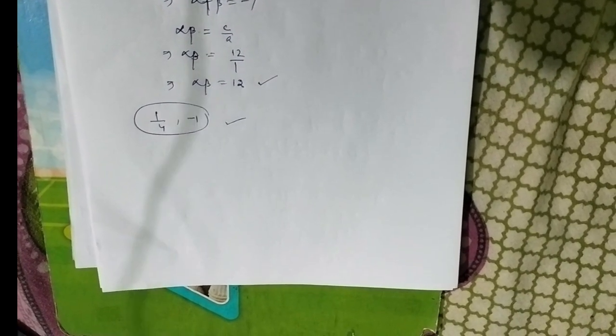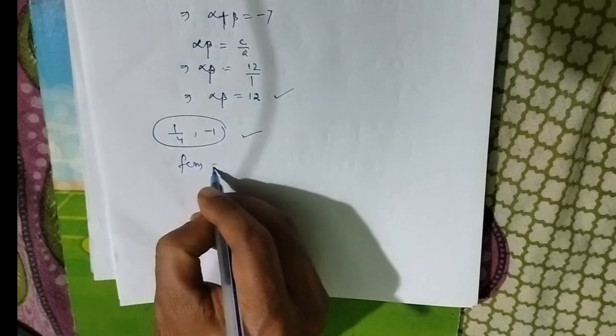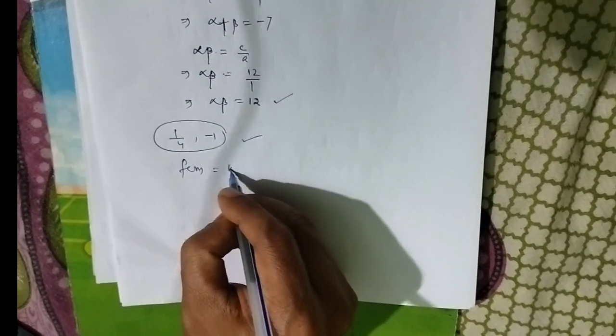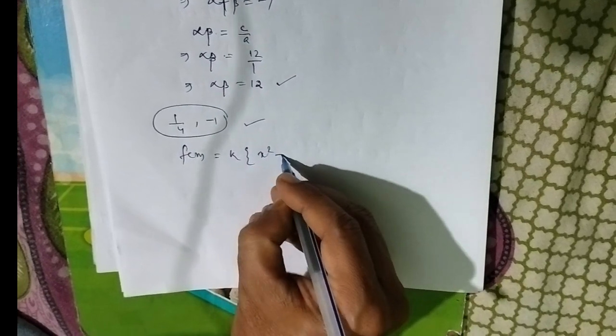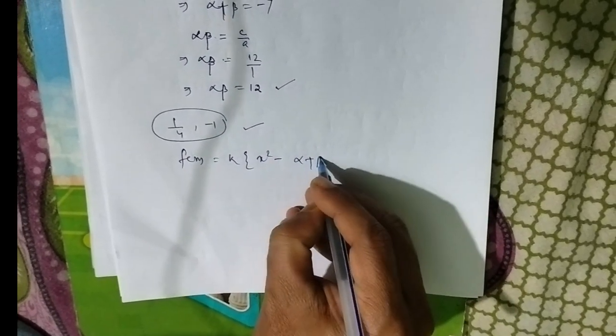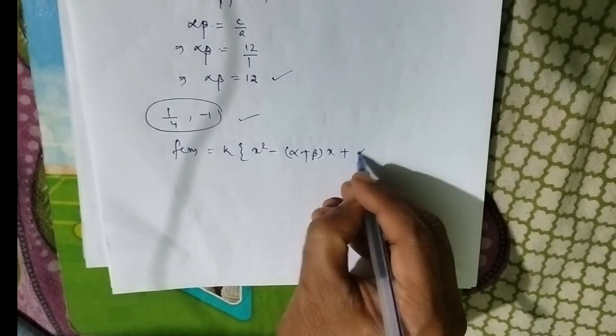Suppose the formula f(x) is equal to constant term k into x square minus (alpha plus beta) into x plus alpha beta.